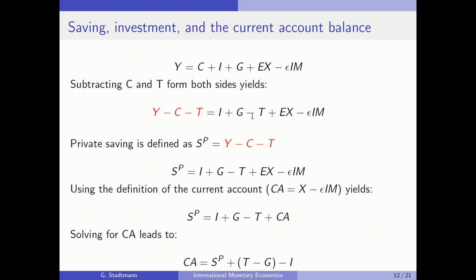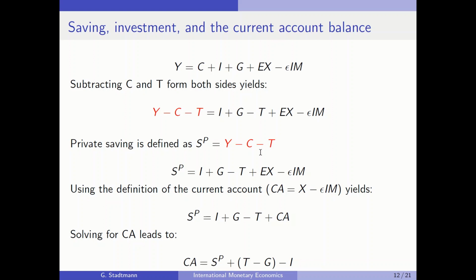Private saving is defined as gross income. Then we have to pay taxes. We subtract the taxes. Then we go shopping and we subtract consumption, so that private saving is defined as gross income minus the taxes minus consumption. This term here is private savings.